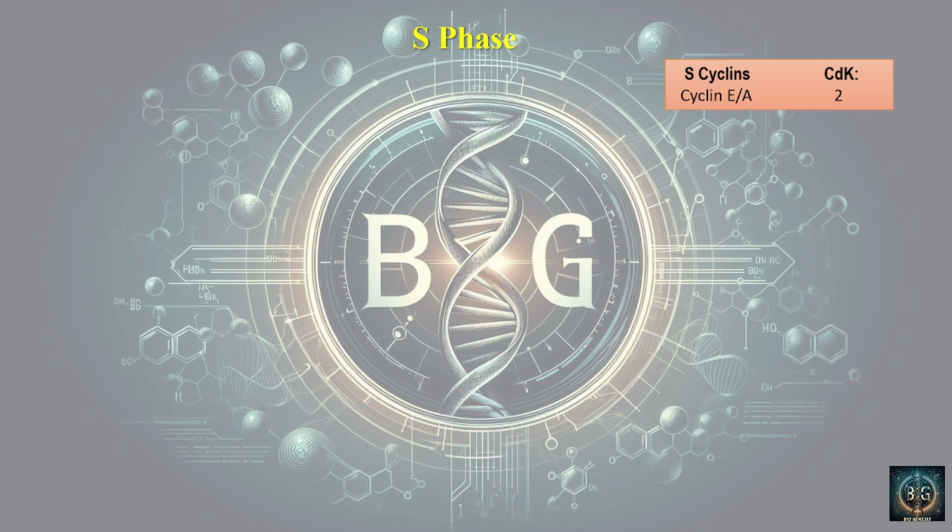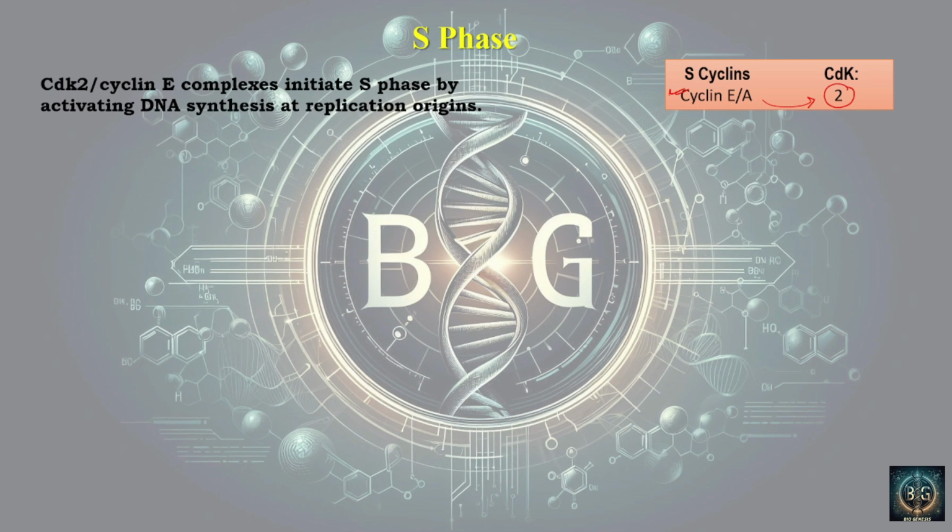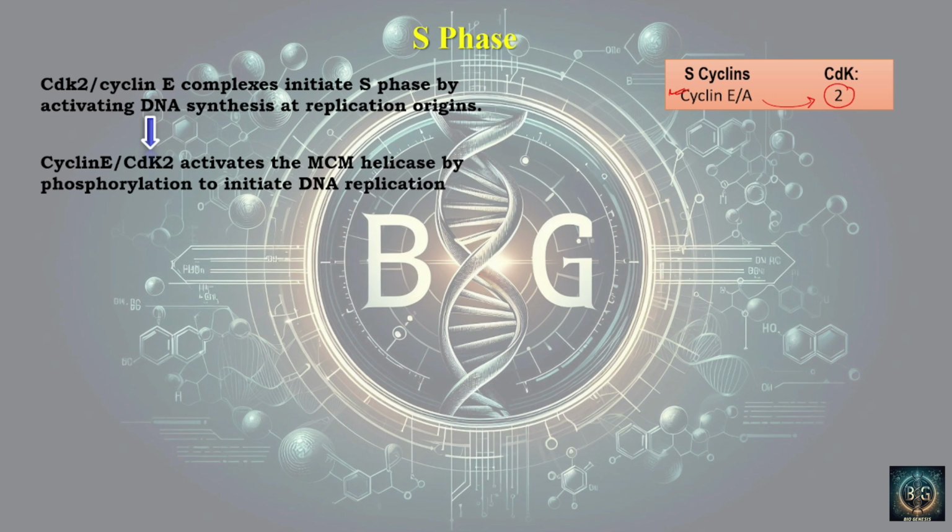In S phase, cyclin E or cyclin A protein is activated and binds to its respective CDK2 and continues the process. The cyclin E and CDK2 complex is formed and it initiates S phase by activating DNA synthesis at its replication origin. Then cyclin E-CDK2 activates the MCM helicase protein.